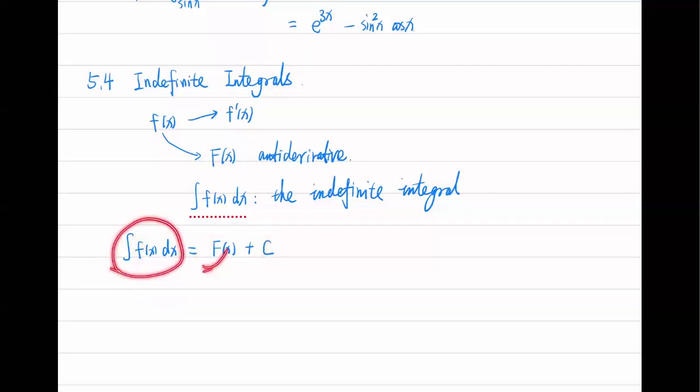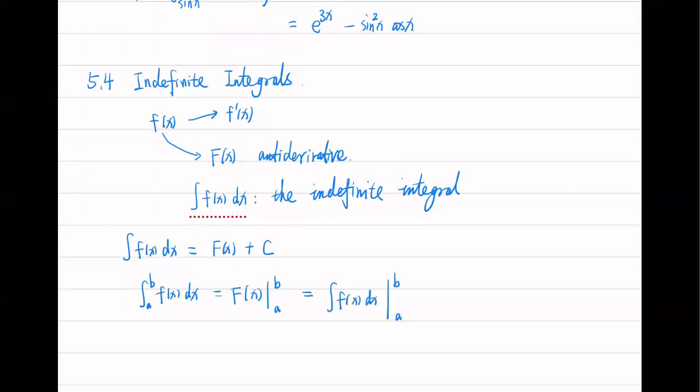We don't have to introduce a new function. Moreover, this definite integral, as we have said before, is the difference. We can view this as an evaluation. So this definite integral can be viewed as the evaluation of the indefinite integral on this interval.